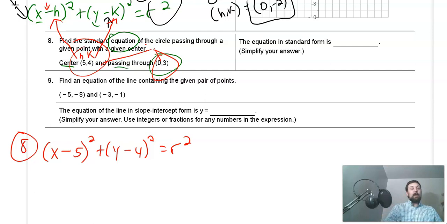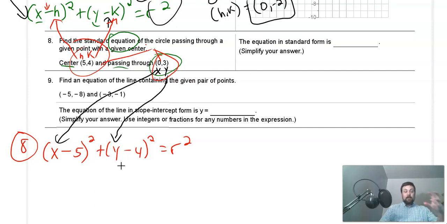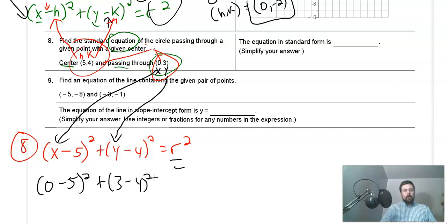And that is by taking the point they give you, temporarily plugging that in for x and y. So I'm going to plug in 0 for x. I'm going to plug in 3 for y temporarily. So this is not permanent, but just long enough so that I can solve for r, right? So I'm going to plug in 0 for x. And I'm going to plug in 3 for y.